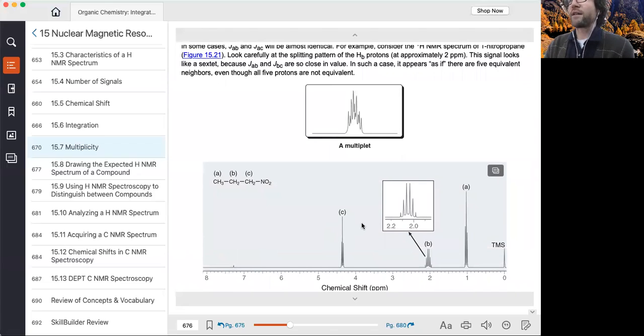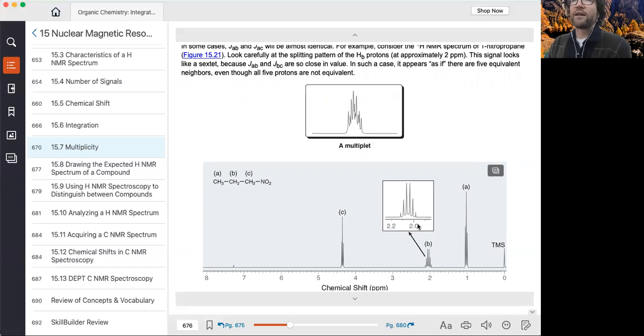So one other thing to note is that sometimes the complex splitting isn't easy to detect. You can't really detect it. It just looks like the signal has too many peaks. For instance, in this 1-nitropropane molecule, the signal corresponding to C is very deshielded, as we'd expect, and A is very upfield, as we'd expect, but B is in between the two and looks like it should have 1, 2, 3, 4, 5, 6.